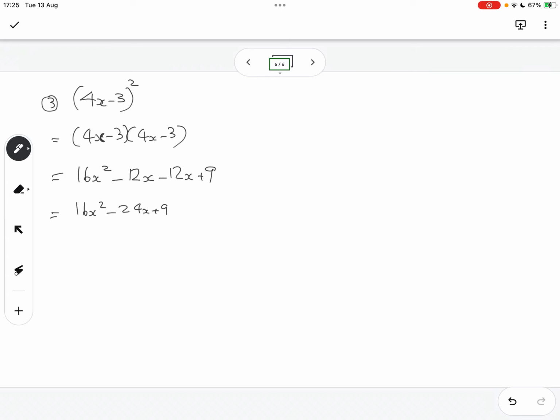It's using the FOIL method. Yes. So it's the same process that we learned before when we were starting this discussion. It's the same thing.